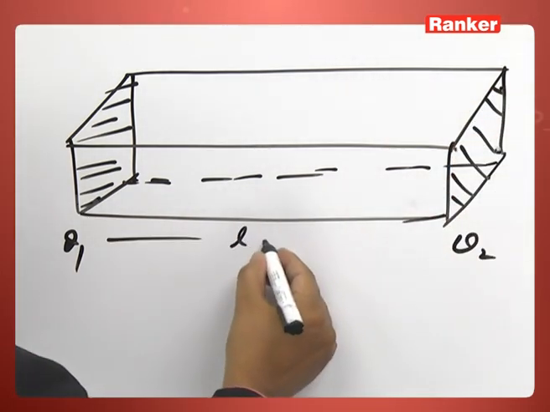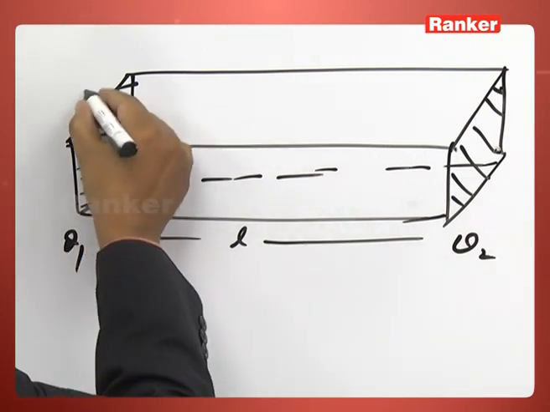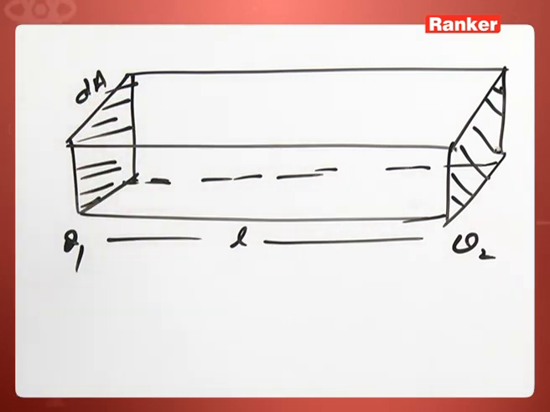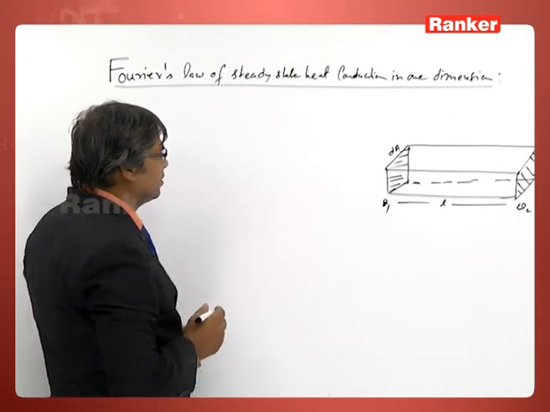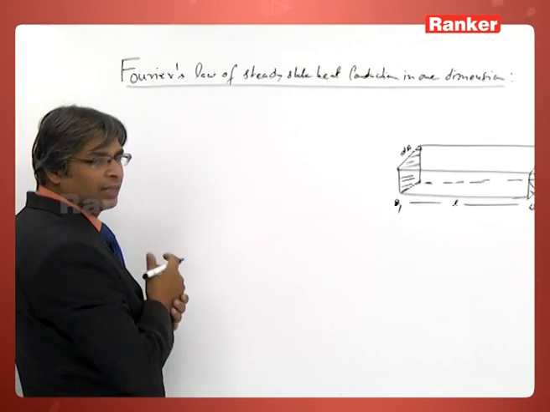Let this length be L and this area be dA. So, this length L and dA. This is a rectangular cross section.